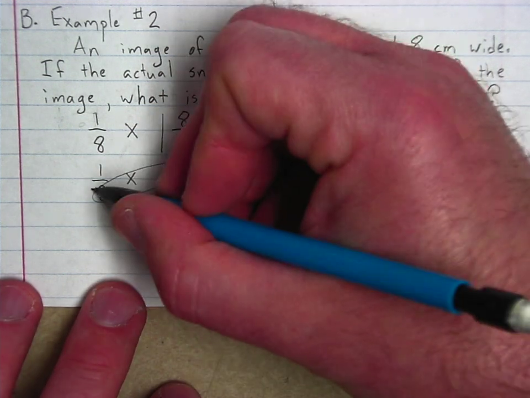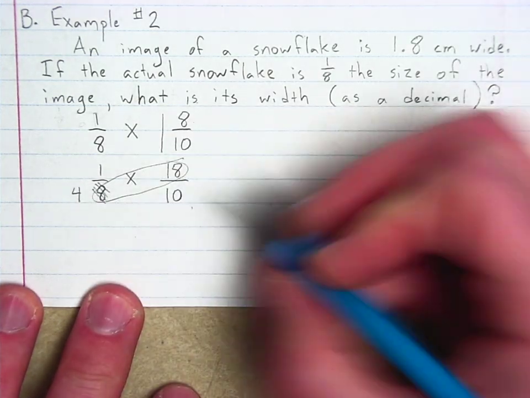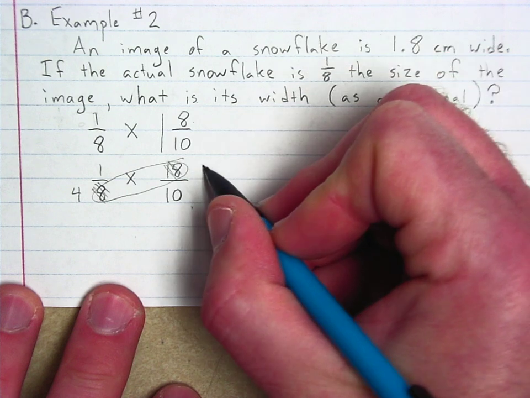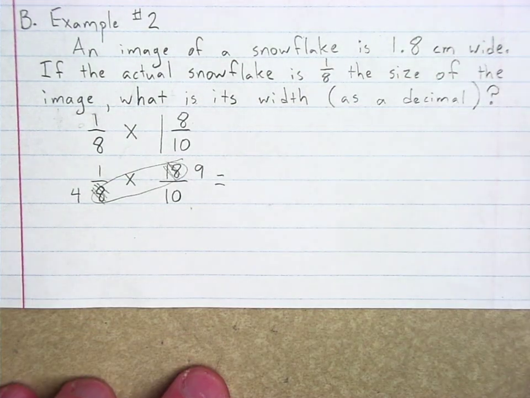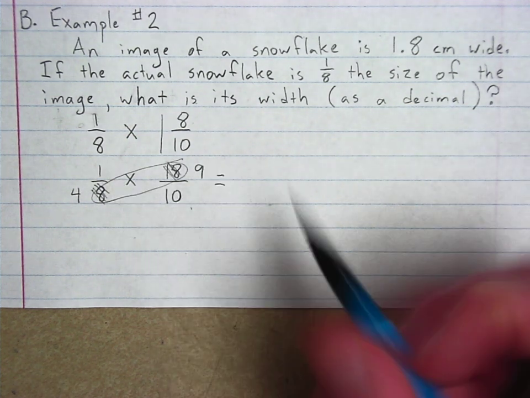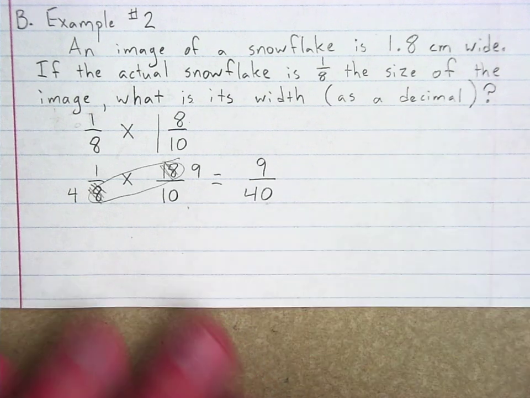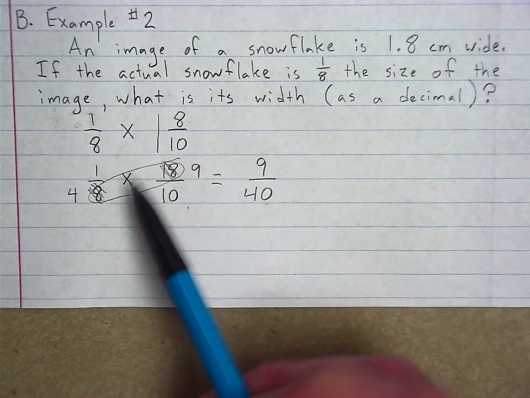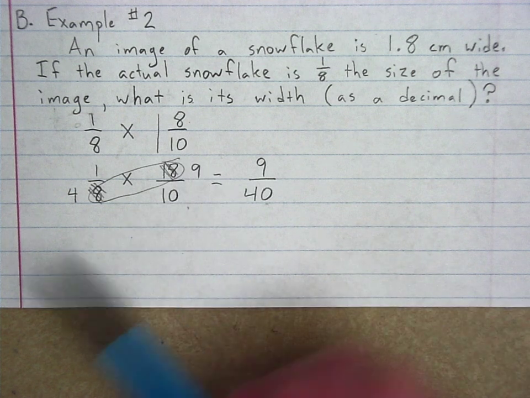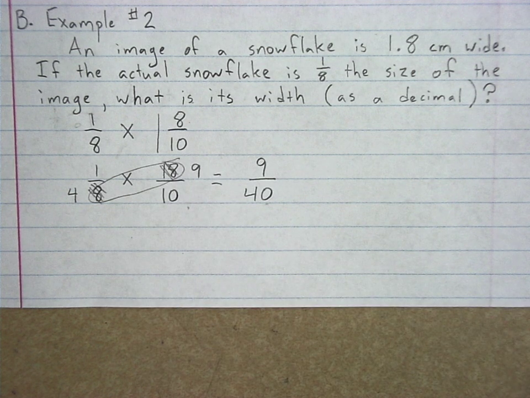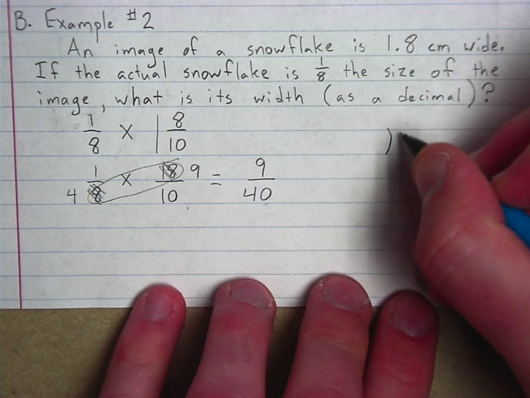Both of these are even, which means I can divide both of them by 2. 8 divided by 2 is 4. 18 divided by 2 is 9. So when I multiply those two together, 1 times 9 is 9. 4 times 10 is 40. Remember, 18 over 8. Pretend it's a fraction. You're simplifying down to 9 over 4. You're dividing them both by the same factor. Okay, 9/40.